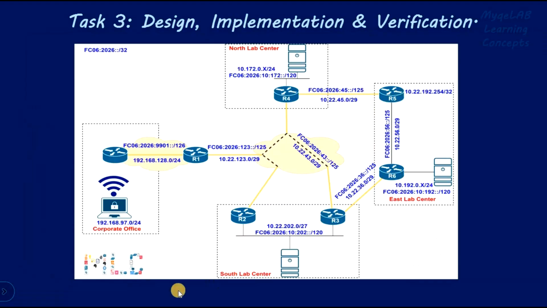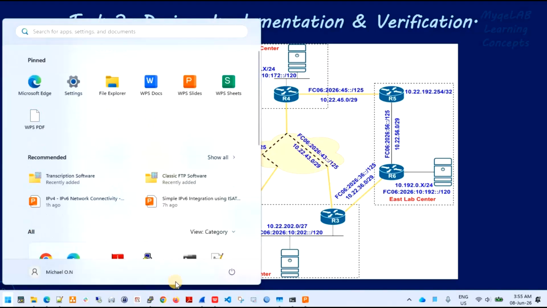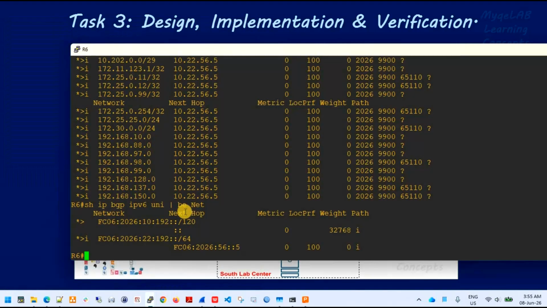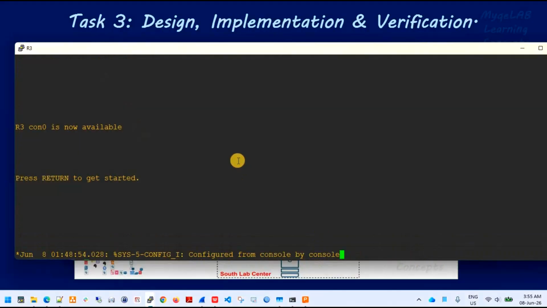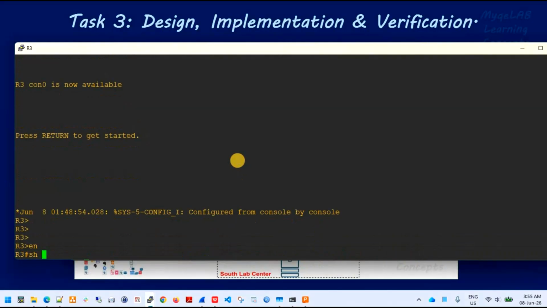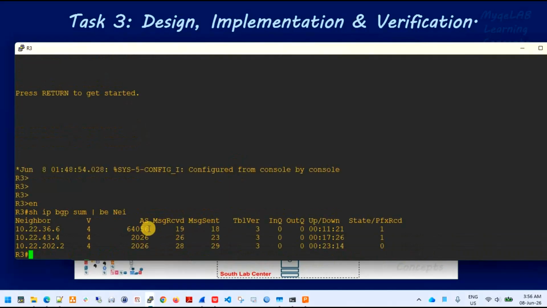Let's check router 3, see what it's learning. Okay, we are not learning so much yet from here, so we can advertise those and see how that plays. Now we also check on router 3. So router 3 is not learning so much by BGP.